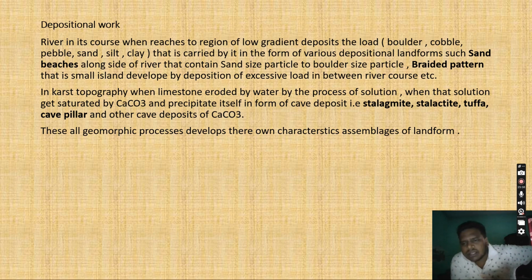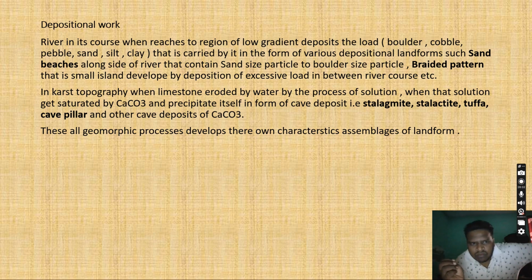When a lot of erosion is done by the river, sediment comes in the form of river load, that is every class of sediment: clay, silt, sand, boulder, cobble, pebble, etc. When the gradient and velocity of the river decrease, this sediment is deposited in the form of sand beaches along the river side, in the form of small islands, braided patterns, alluvial fans, and alluvial cones. A lot of depositional features are formed by the river.